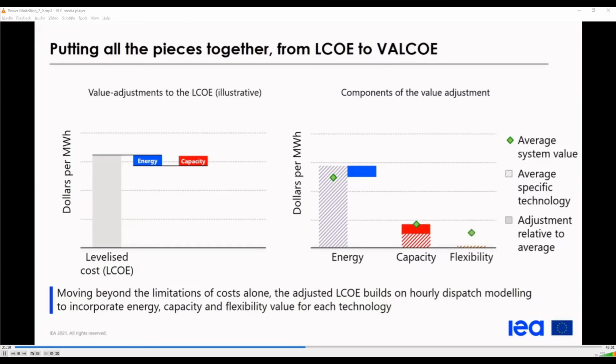Again, not a very high value compared to average, so less competitive. We adjust by increasing the cost side of things. So we take all these three value adjustments, we apply them to the LCOE, which leads to the value-adjusted LCOE, the VALCOE.